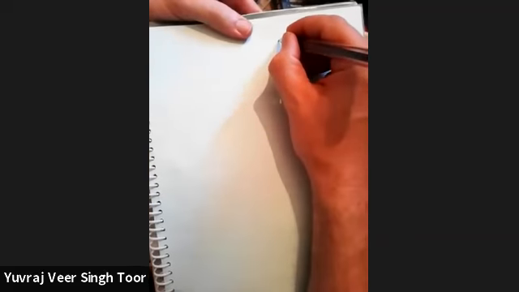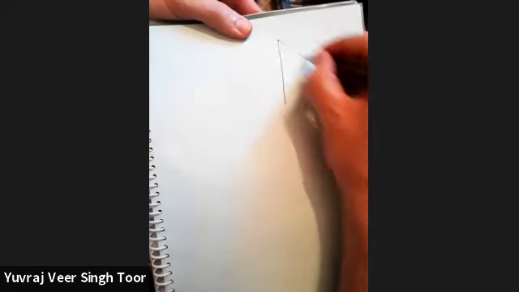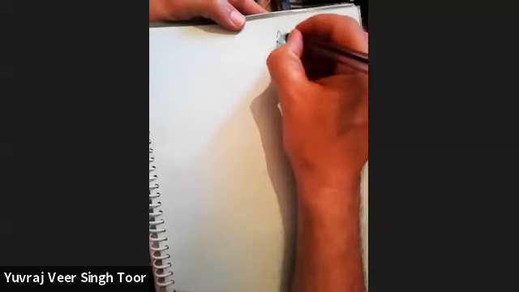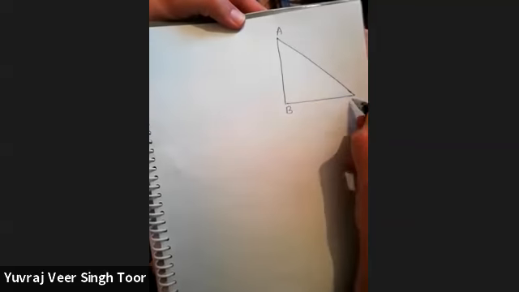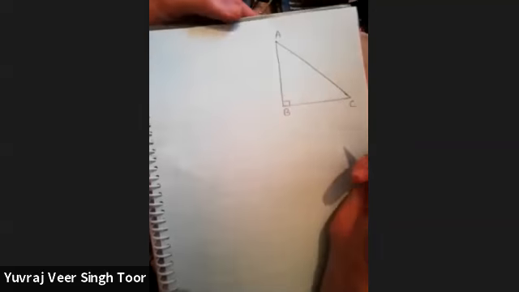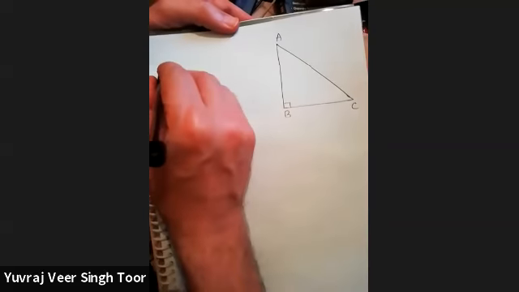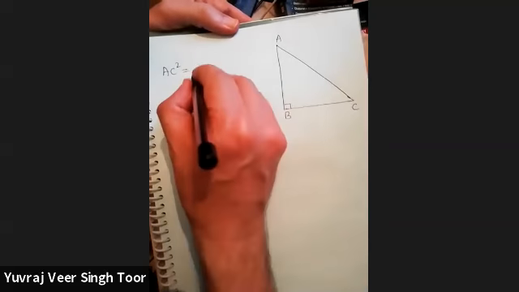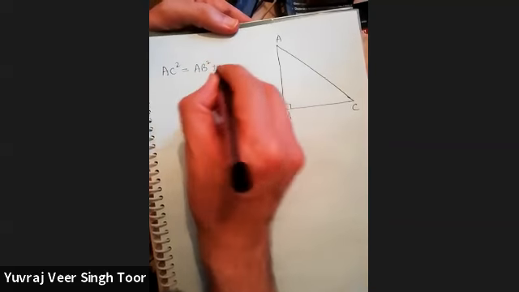Okay, we'll see how Pythagoras and trigonometry are related to each other. In a right angle triangle ABC, right angled at B, Pythagoras tells us AC square is equal to AB square plus BC square.